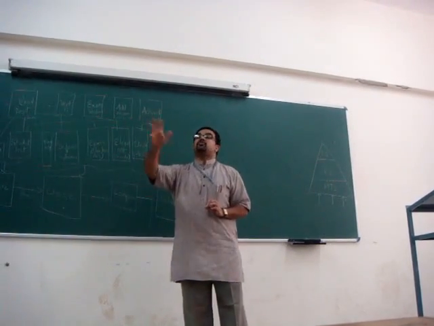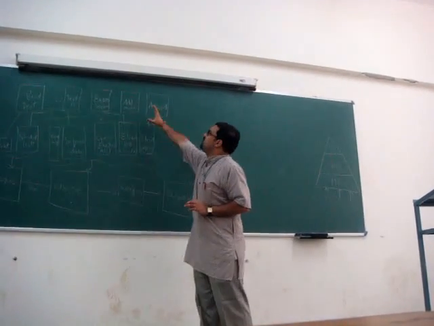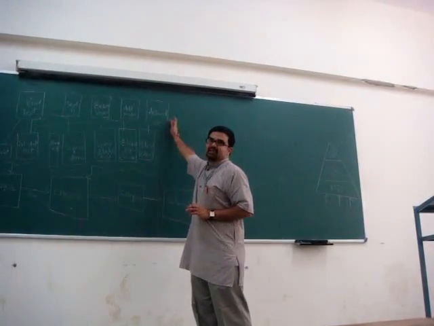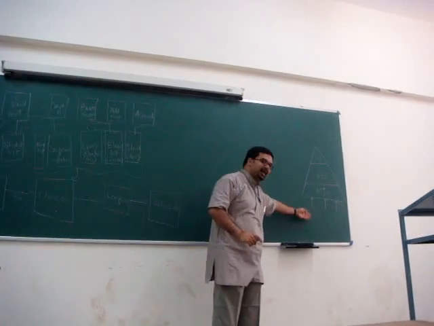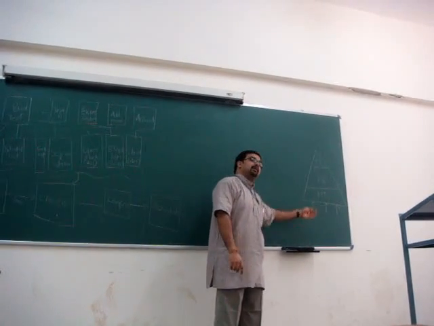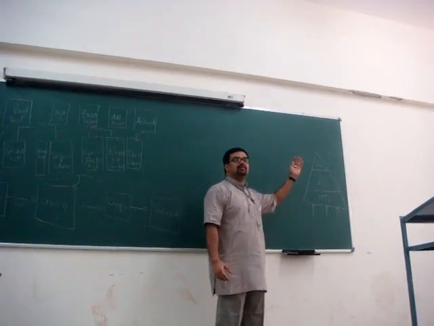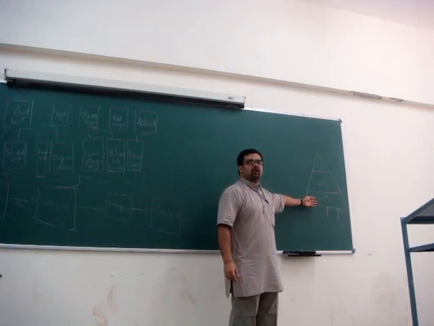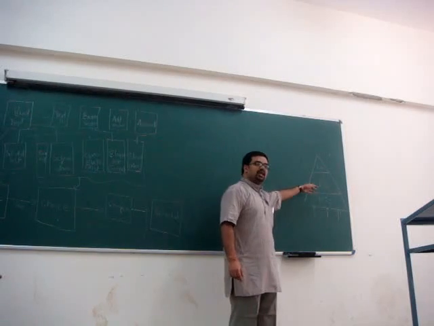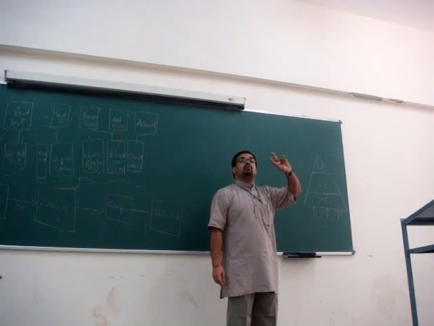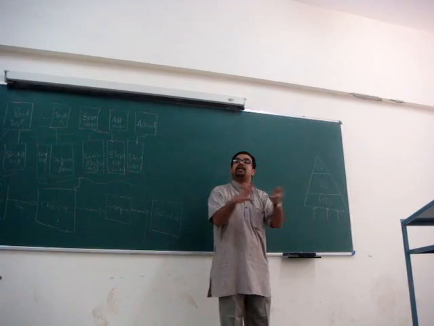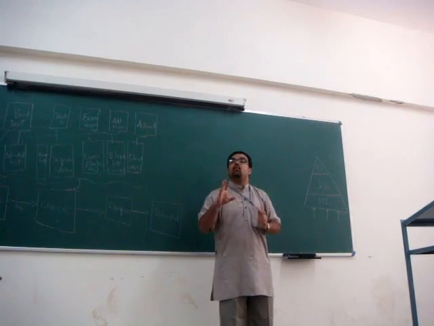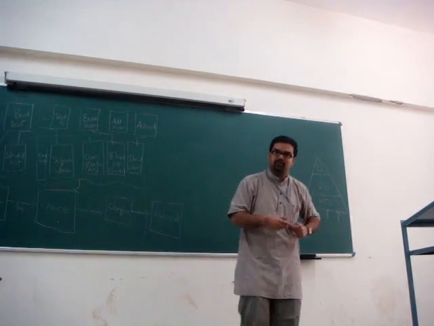So what should MIS do? MIS should take this data, take this diagram beneath this triangle, you will get a more concrete data. So there is transaction processing system, functional information system, together they are called as MIS. So the job of MIS now is to consolidate all the data and to generate a wide range of reports.